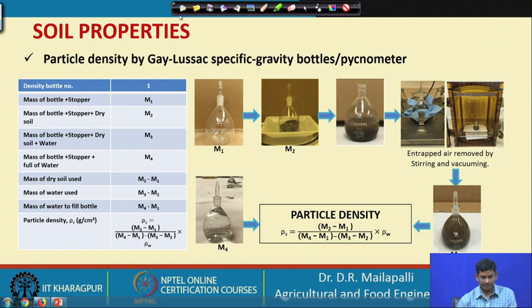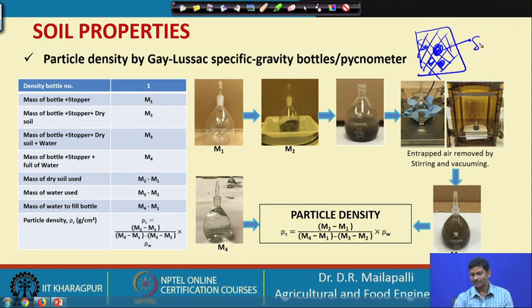And now, the next thing is finding the particle density. The bulk density as such contains the pores, as I mentioned initially. The soil has solid particles as well as some gaps or voids, which are filled with water and air.